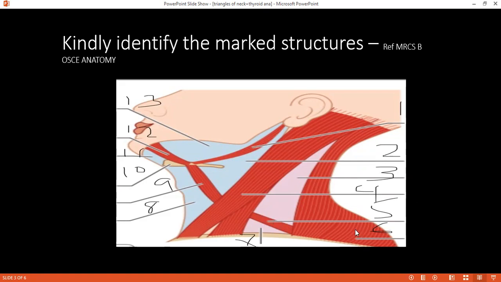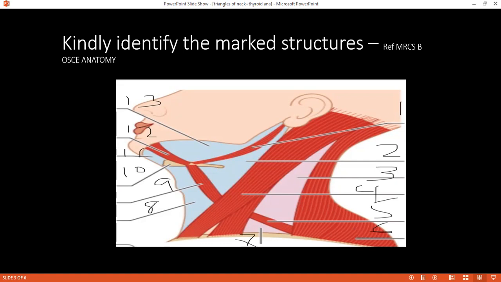Very good. What are the contents of the posterior triangle as a whole? The posterior triangle has the accessory nerve. All right, we'll come back to that one later.